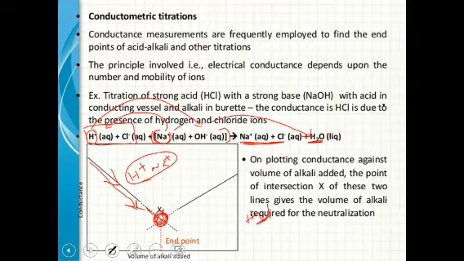After completion of the neutralization point, if you add the NaOH to that solution, because of the absence of H+ ions, only NaOH is present in the beaker. So after the end point, there is again an increase in the conductance value. See this one.